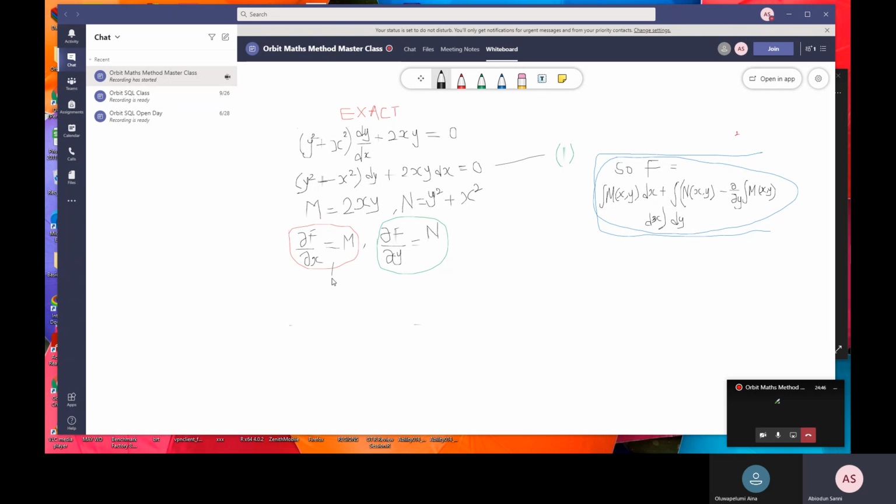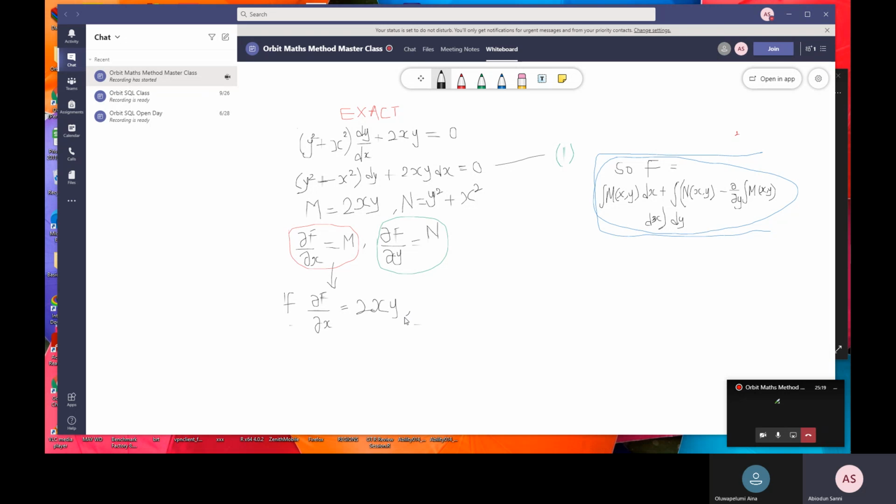So if I'm starting from here, if I'm using this, if del f del x is equal to M, how do I get f? If del f over del x is equal to M, what's M? 2xy.